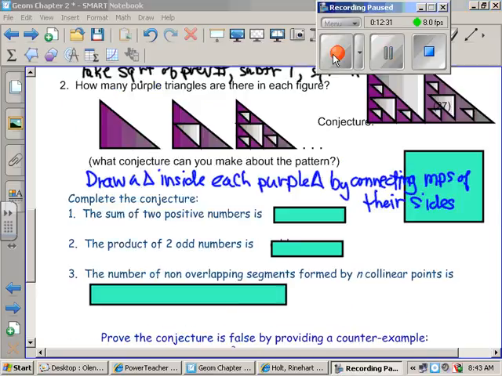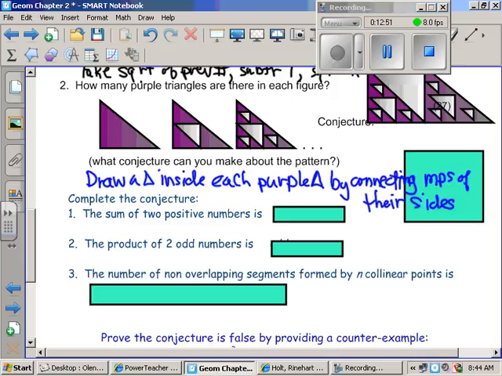Well, these conjectures. Okay. We're going to assume these conjectures are true, that there are no counterexamples. So the sum of 2 positive numbers is positive. Can anyone think of a counterexample?